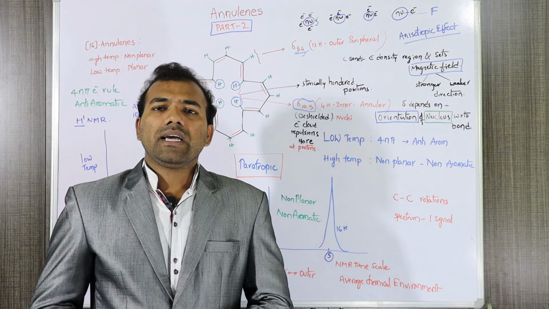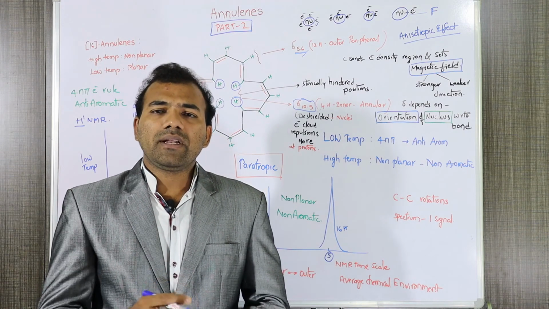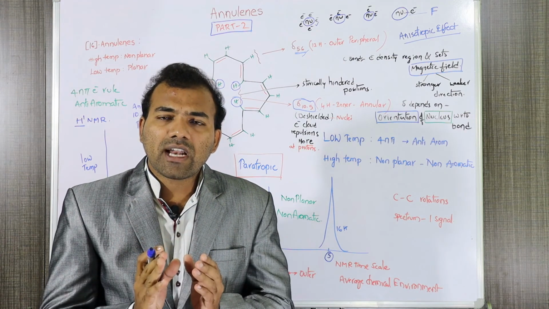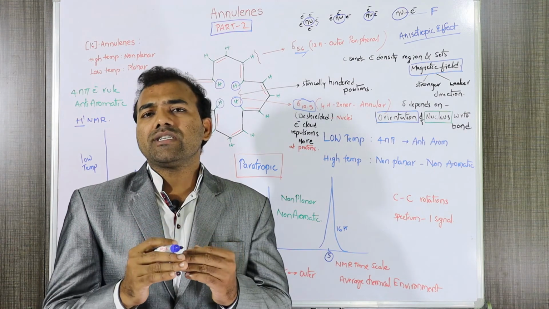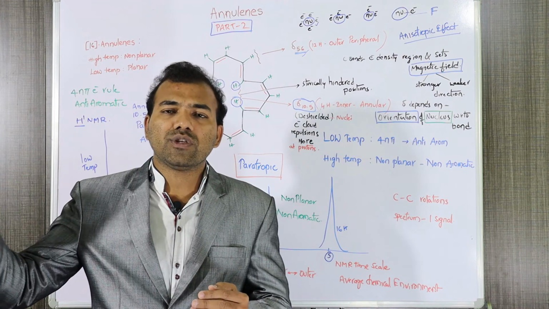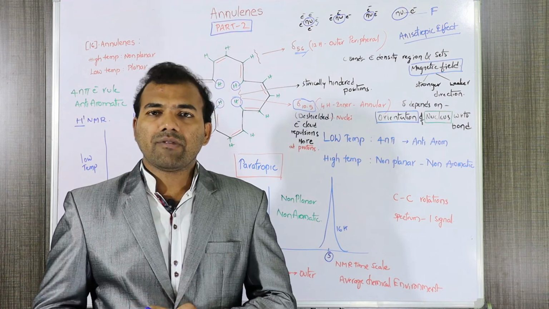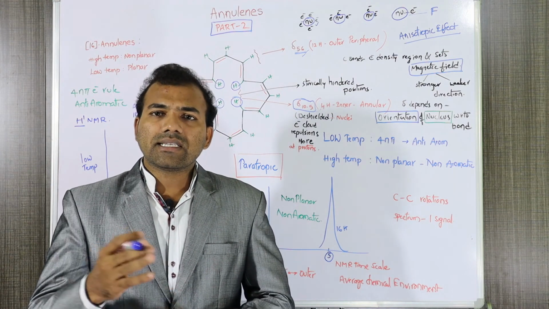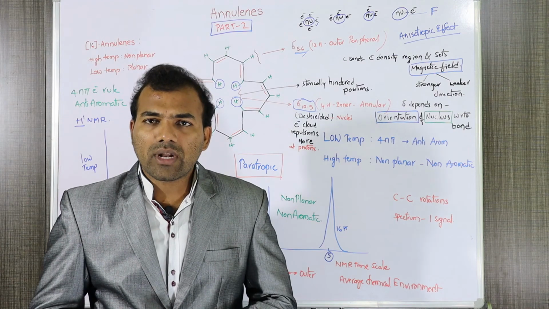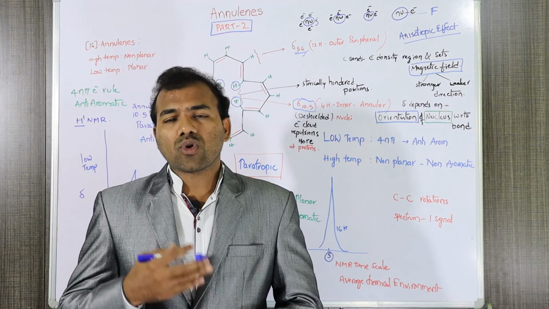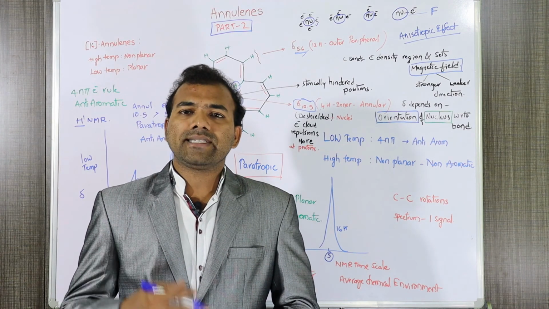If it is aromatic, then what happens? The reverse scenario will occur. The chemical shift value of the annular hydrogens is very low compared with the peripheral hydrogen atoms due to the aromaticity. We call this diatropic anisotropy, and these diatropic annulenes are generally aromatic, and these paratropic compounds are generally anti-aromatic.